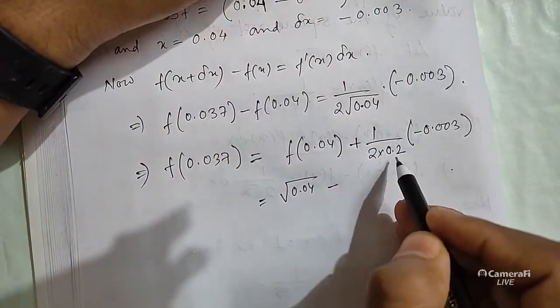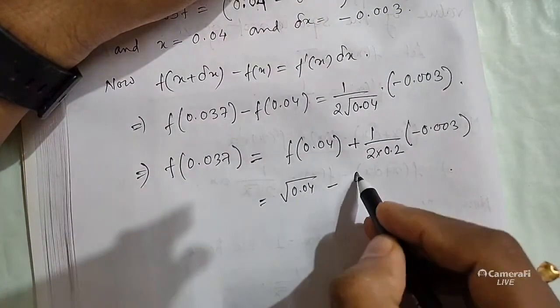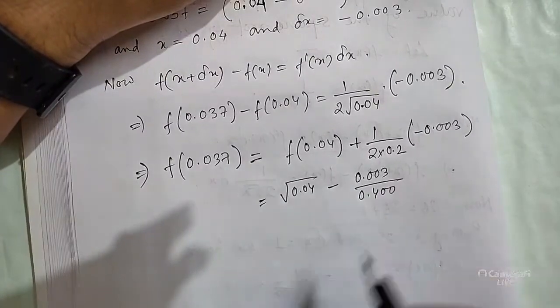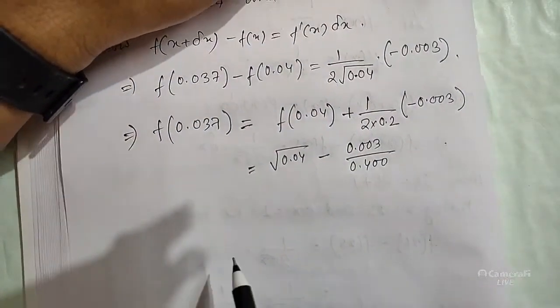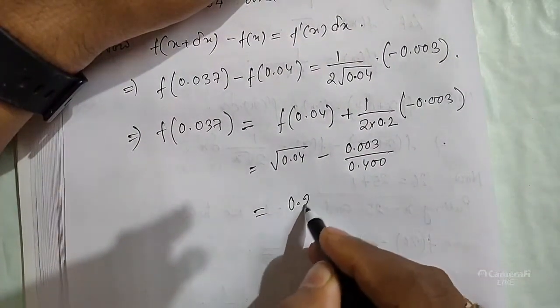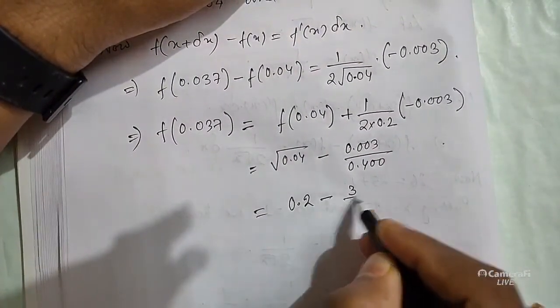If we multiply here we will get 0.4, so 0.003 divided by 0.400. Now we can remove the decimal, so here it is coming 0.2 − 3 by 400.